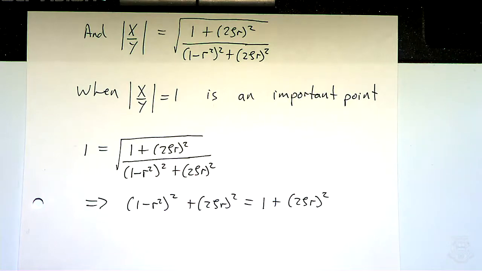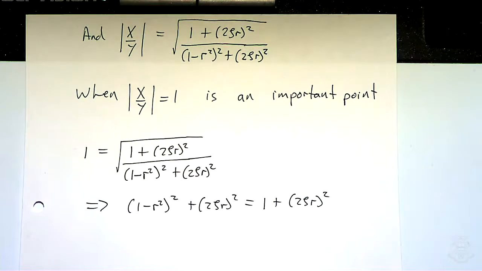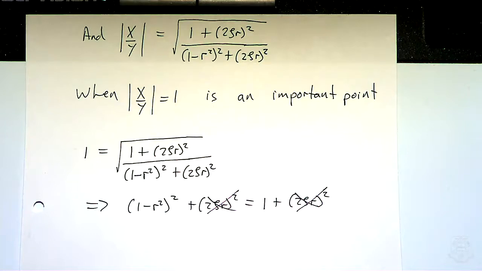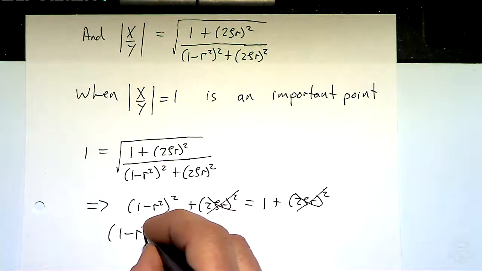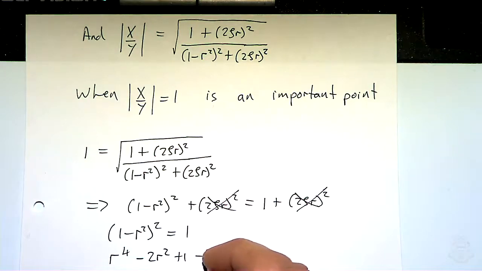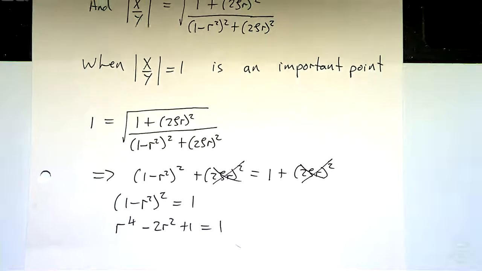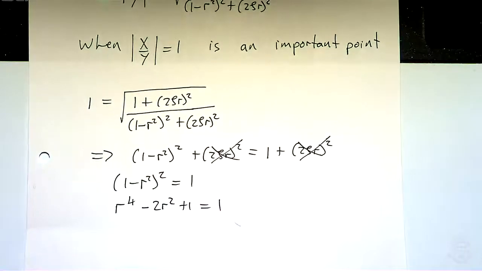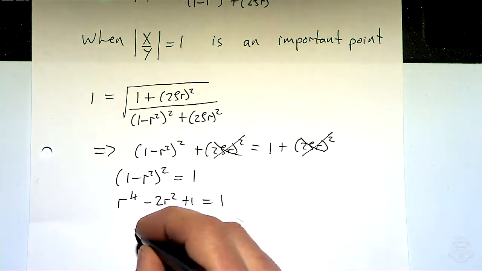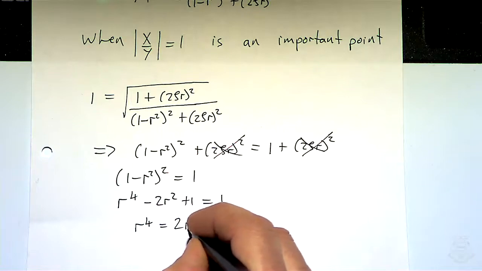So I can subtract 2 zeta r squared from both sides, can't I? That means I have 1 minus r squared all squared equals 1, which I can expand out to get r to the 4 minus 2r squared plus 1 equals 1. And so I've got 1 on both sides, which I can get rid of, and so what I've got is r to the 4 equals 2r squared.